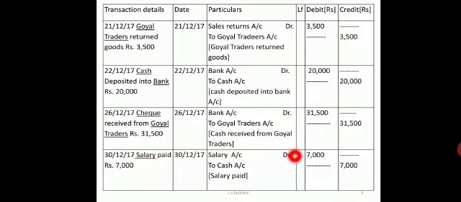So, salary account is debited 7,000 because it is increasing the expenses. And next, cash being an asset, decrease in the value of asset, so it has to be credited. So salary account is debited to cash account 7,000 and 7,000. Narration, paid salary.